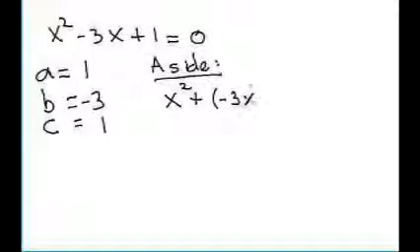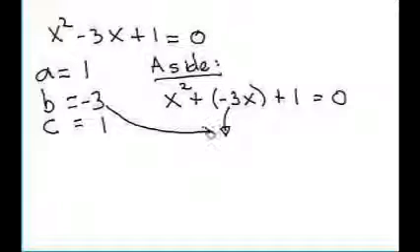Now aside, I want to mention that we can always rewrite subtraction as addition, so we can rewrite the equation x squared minus 3x plus 1 equals 0 as x squared plus -3x plus 1 equals 0. So that's why it was clear that B is going to be -3.